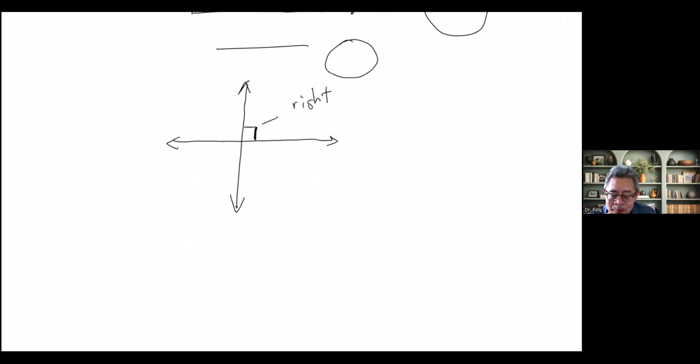So you can actually construct it, just using a ruler and compass. So now, having that, we've got a right angle. Nowadays we know it's 90 degrees. And we can say, if the angle is less than the right angle, then we call that an acute angle.